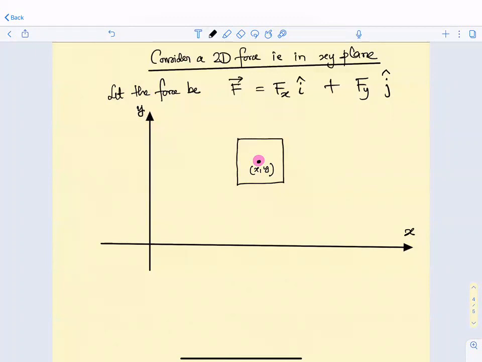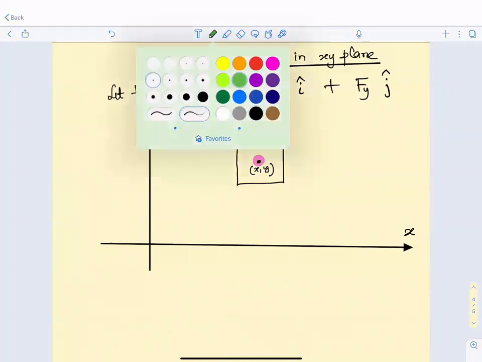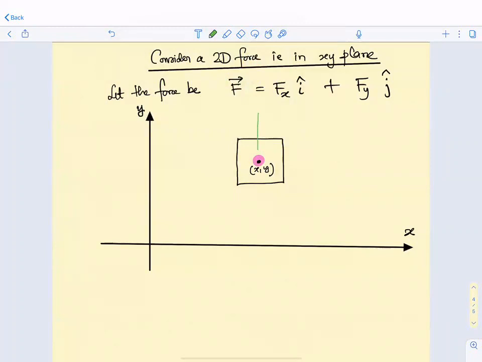Now let the sides be like this. On each side it is delta x, and on each side it is delta y.